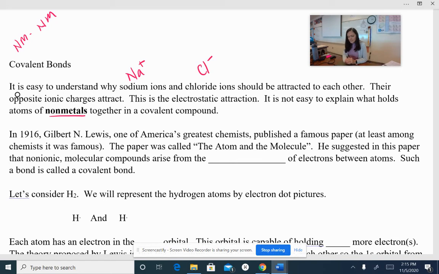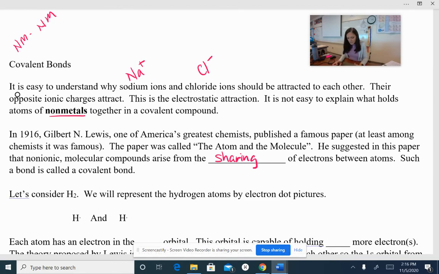He suggested in this paper that non-ionic molecular compounds arise from the sharing of electrons between atoms, meaning that the electrons that are being shared can navigate around the nuclei of both of the atoms that create that bond. Such a bond is called a covalent bond.